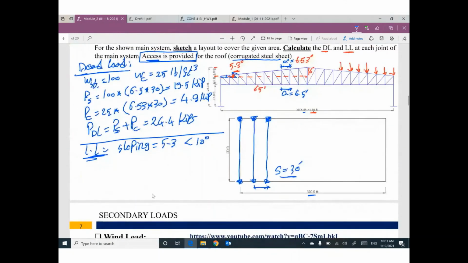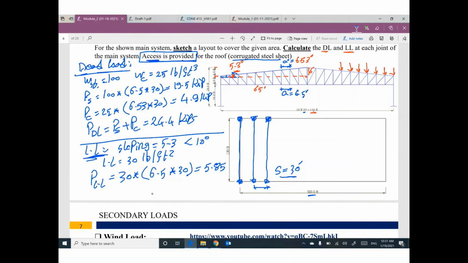So the value of live load equals 30 pounds per square foot. If you would like to convert this live load to one concentrated load, you need to multiply this live load by the horizontal area, which is A times spacing 30. Your live load value will be 5.85 kip.